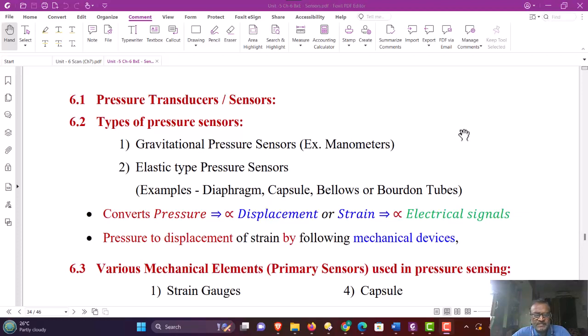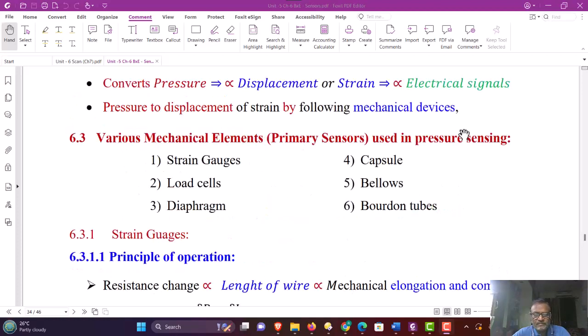These devices basically transform the pressure into displacement, and displacement will then be converted to electrical signal by a secondary transducer. Many a time this can be done by using strain gauges or capacitive type of transducers. The pressure to displacement is done by these mechanical devices, and the displacement can be measured by using strain gauges very commonly.